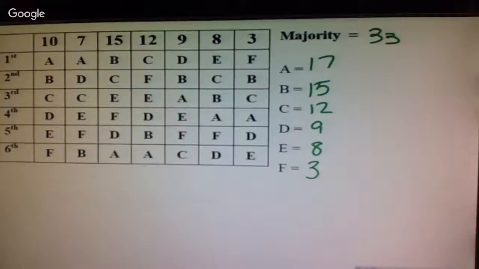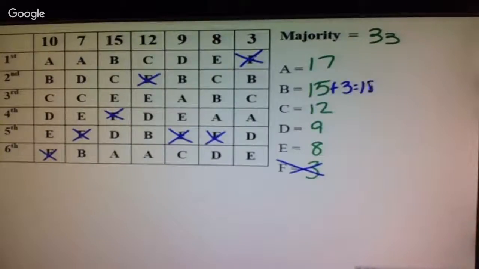Okay. Who do we lose first? F. So F loses these 3 points to who? To B. So they now have 18. Next we lose E.